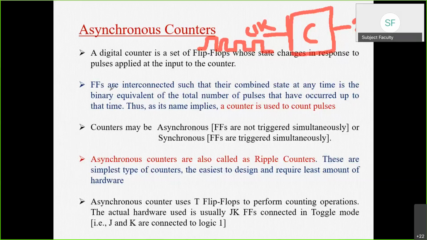So what is a counter? What components are used in a counter? Nothing but flip-flops.